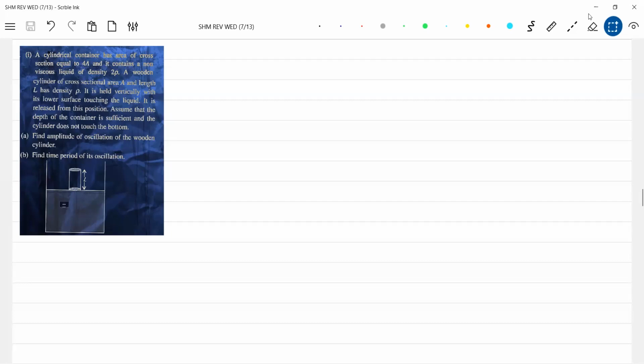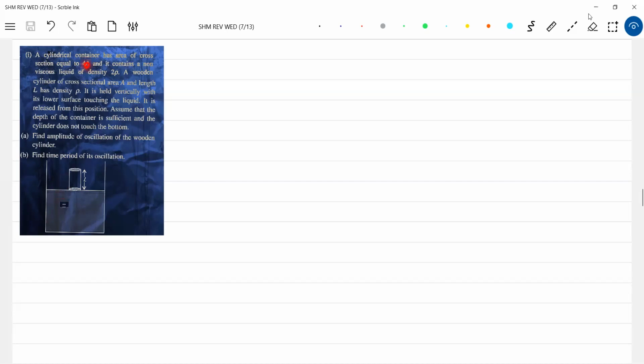Yes, given whenever they mentioned the area of cross section of the container and also that of the block, you should also consider the change in level of liquid. Change in level of liquid in the container should also be considered.